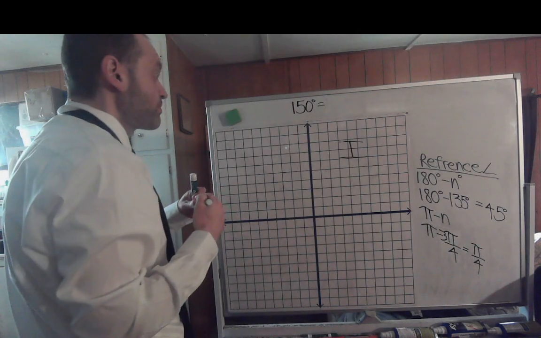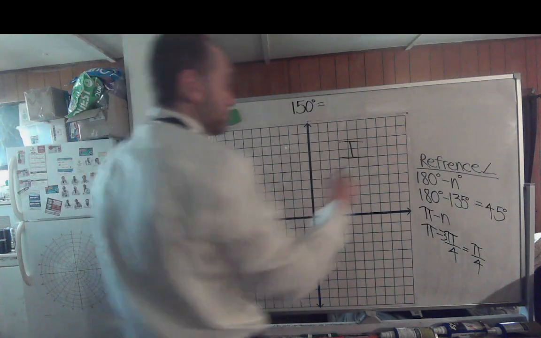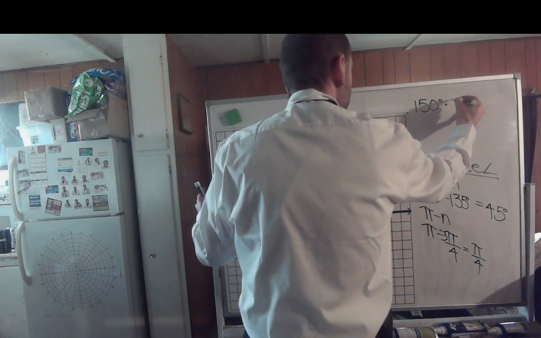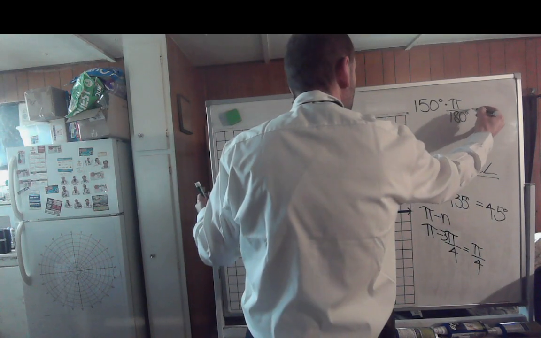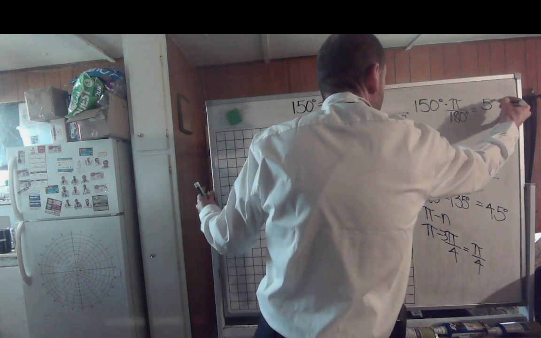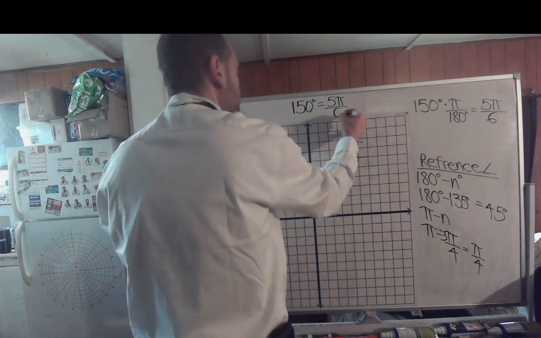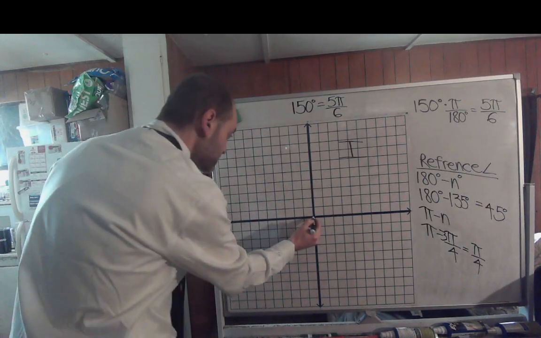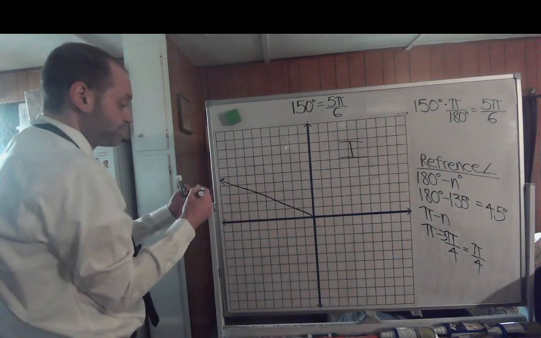Well, 150 degrees, let's convert this to radians, times pi over 180, which would end up becoming 5 pi over 6 radians. So 150 degrees equals 5 pi over 6 radians, which is going to look roughly like that.